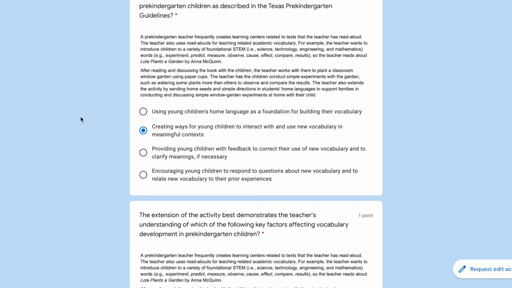If you're going with B, so am I, and B is correct because the teacher in the scenario is using a read aloud of an informational text and hands-on experiments related to the text to support children's vocabulary and concept development and purposeful language use. This approach supports their understanding of new words and concepts, as well as deepens their understanding of words and concepts they may already know.